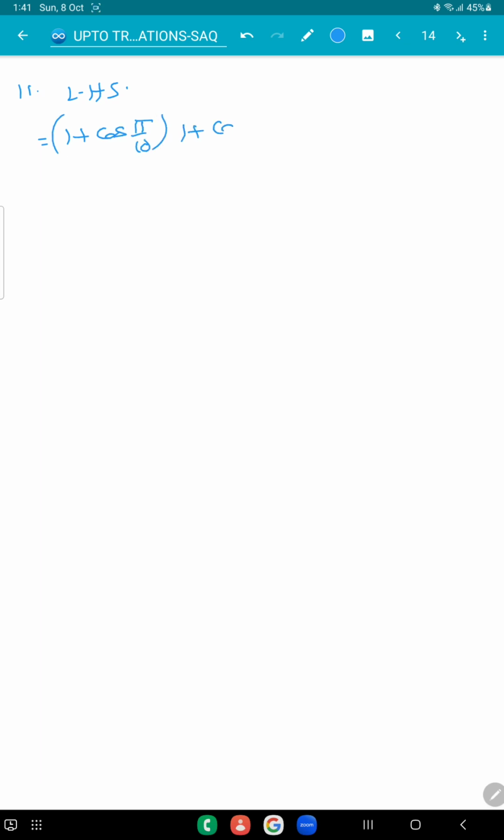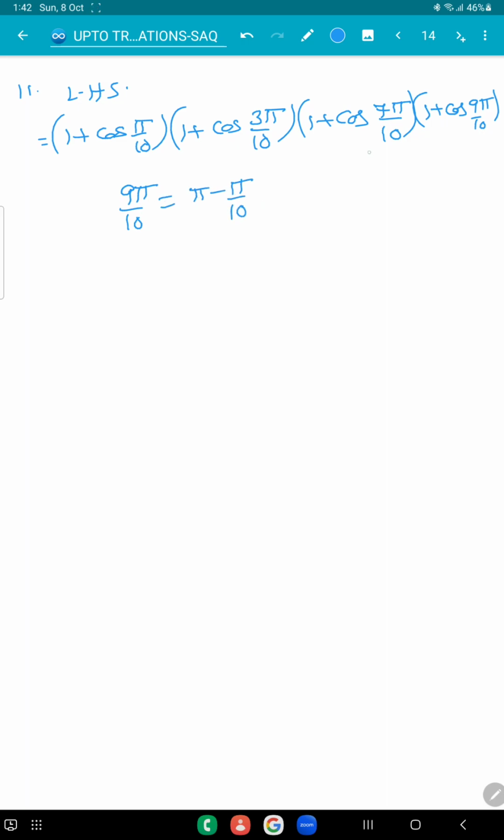1 plus cos 3 pi by 10, 1 plus cos 7 pi by 10, 1 plus cos 9 pi by 10. Observe that 9 pi by 10 is equal to pi minus pi by 10, and 7 pi by 10 is equal to pi minus 3 pi by 10.